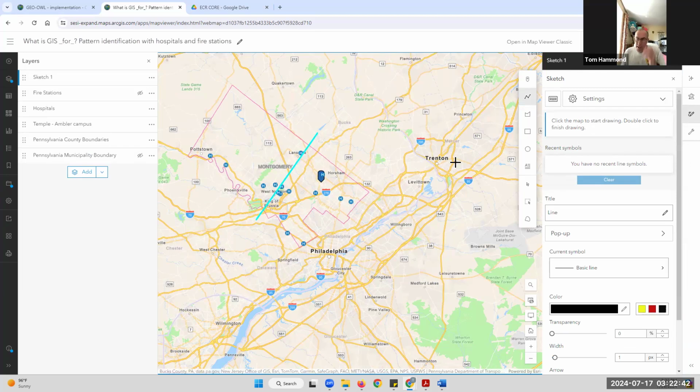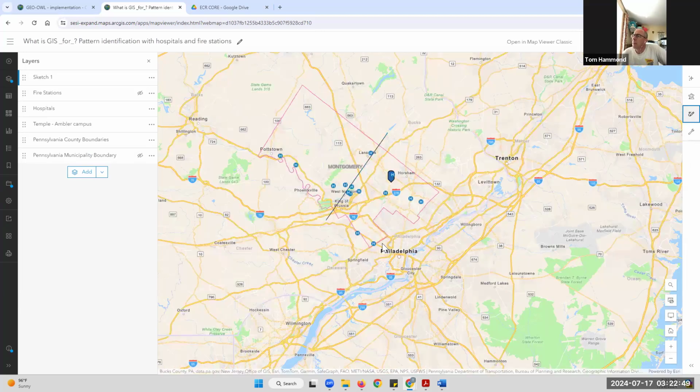And so looking at that, I'm like, wow, I have 9 of the 14 hospitals south of that line, and then 5 of them are north of that line, and the ones northwest of that line are real close, right? There's only these two that are outliers to that.